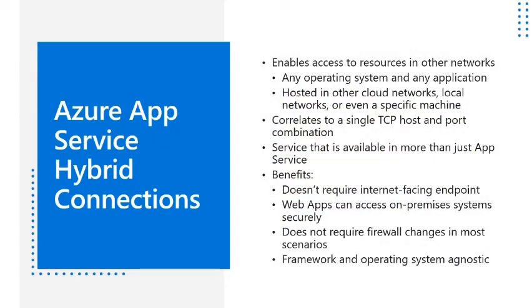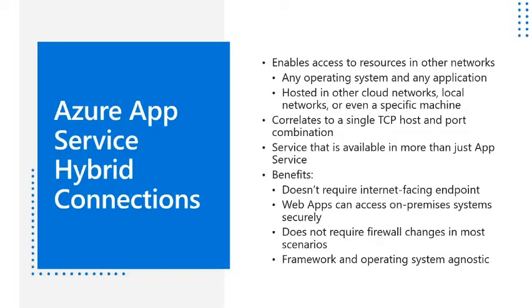Azure App Service hybrid connections. Really interesting to know. Within App Service, hybrid connections can be used to access application resources in other networks. It provides access from your app to an application endpoint. It does not enable an alternate capability to access your application. As used in App Service, each hybrid connection correlates to a single TCP host and port combination.